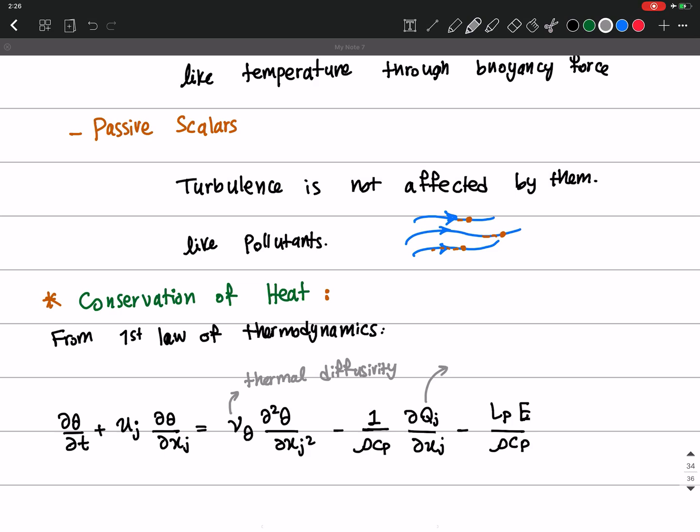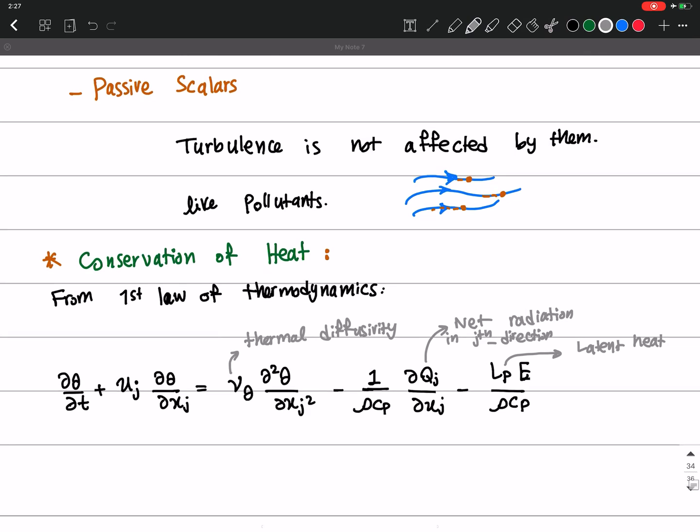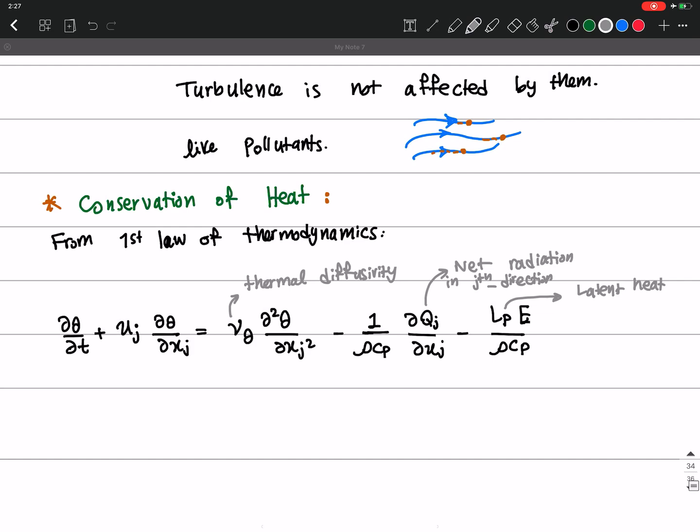Qj is just the net radiation in the jth direction. And Lp is just latent heat. When you have a phase change, some latent heat will be released, and that is what's in the Lp term here. Okay, so now let's look at each of these terms and see what each of them means.